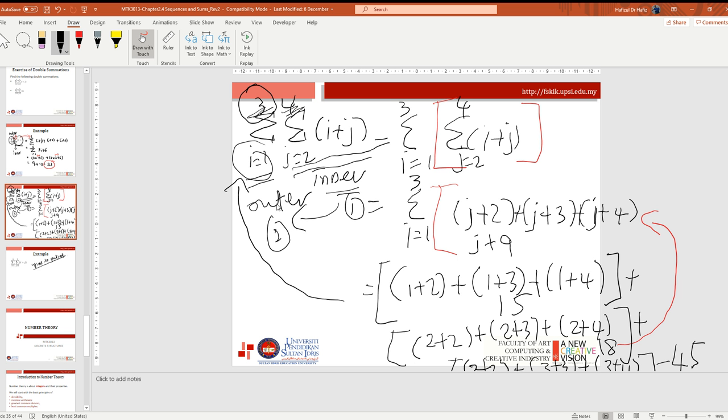Okay, j plus 9, then you replace here the sum i equal to 1. i plus 9, 10i plus 9. Sorry, this one is i plus 2.